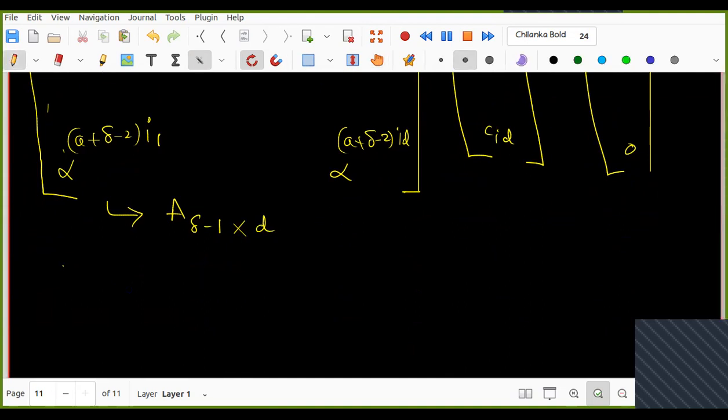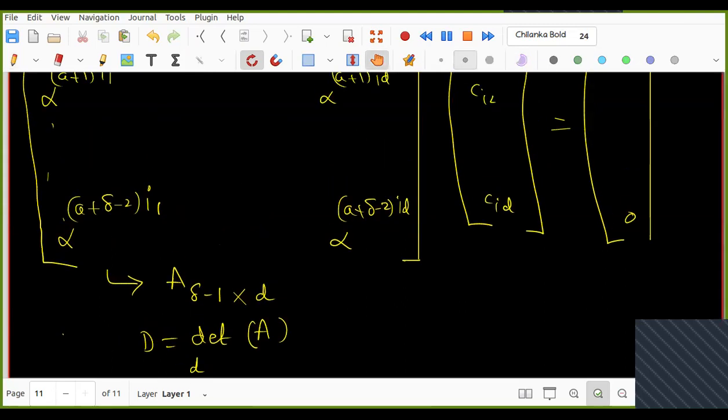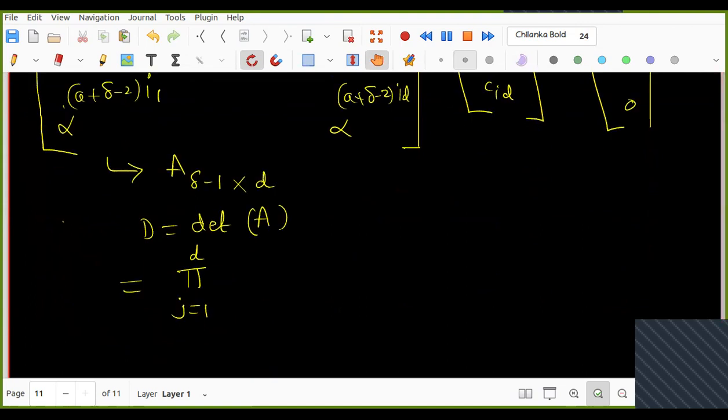So let us call D the determinant of this matrix A. Now this is equal to, as you rightly pointed out, a product over j equal to 1 to d. Why am I taking it up to d? How many columns are there? d columns are there, so for each column I can take something common. What do I take common?